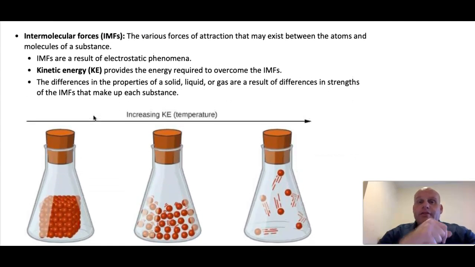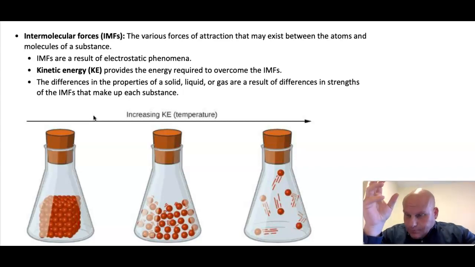These are the forces of attraction that exist between atoms and molecules. So if you think of bonds between atoms in a compound or molecule, those would be intramolecular forces. Intermolecular forces are forces of attraction between those molecules and atoms. So these are not going to be as strong as the intramolecular forces that hold atoms together inside the molecules.